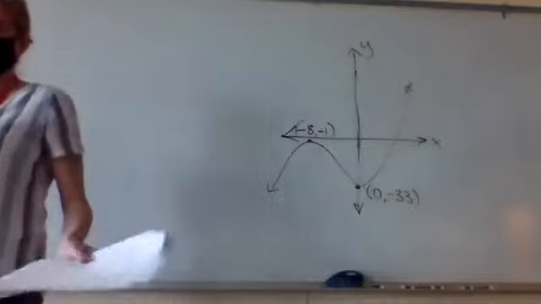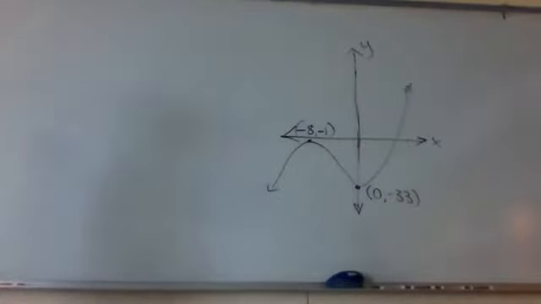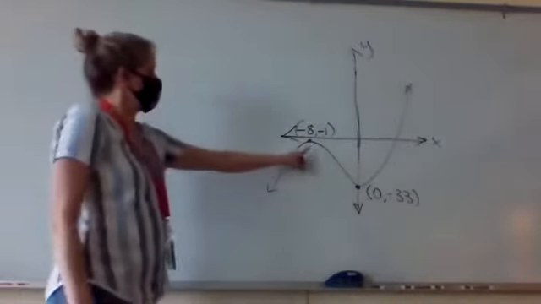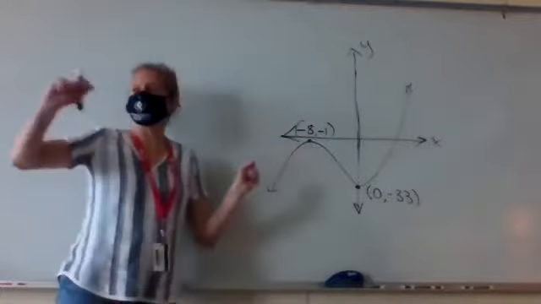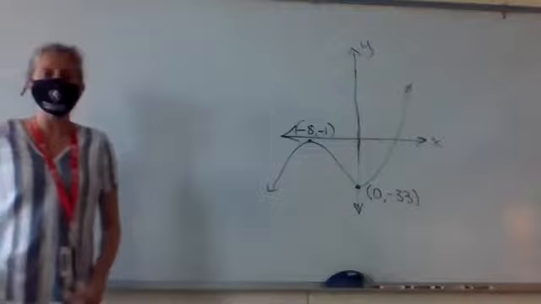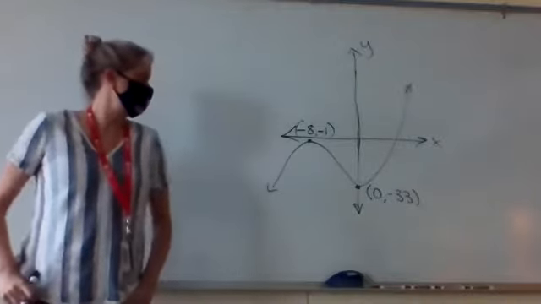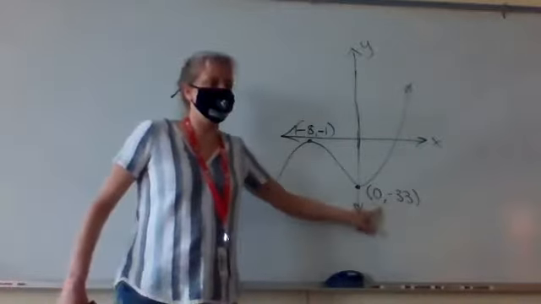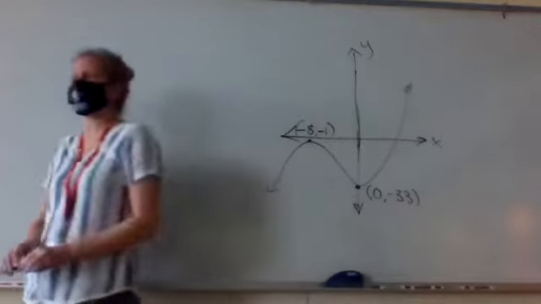Okay, so here is the picture of the graph. It's got this point, and it's actually labeled on the test. That point is labeled -8, -1. This point is labeled 0, -33.